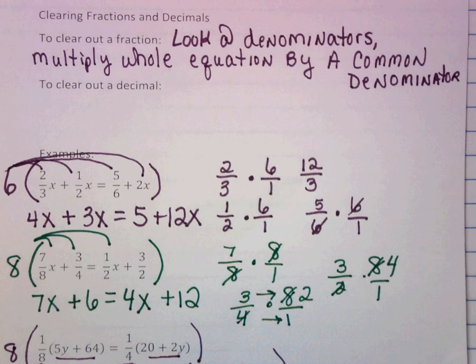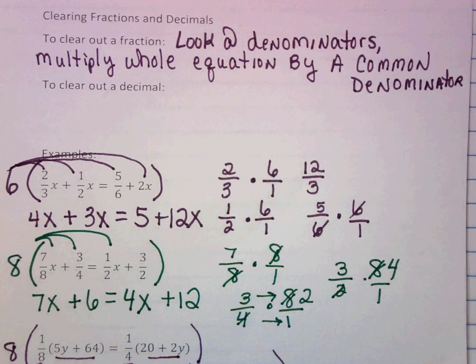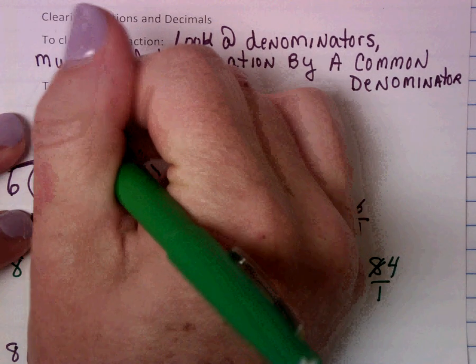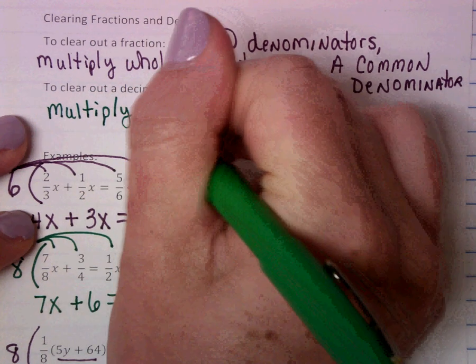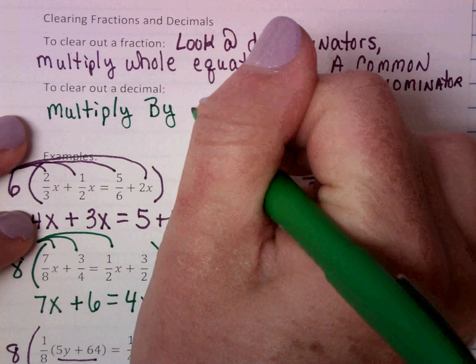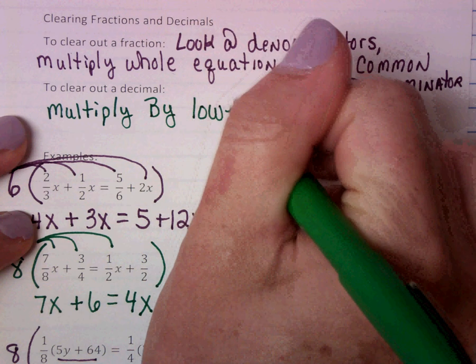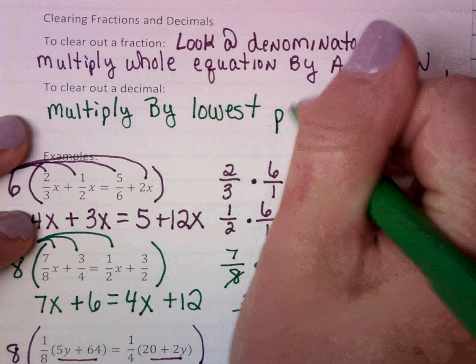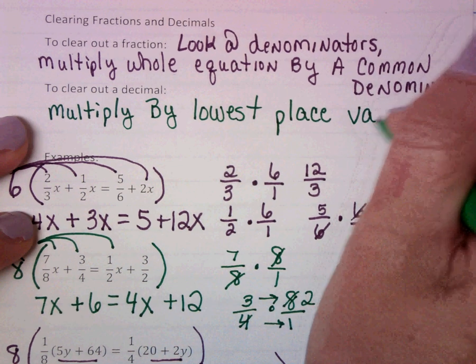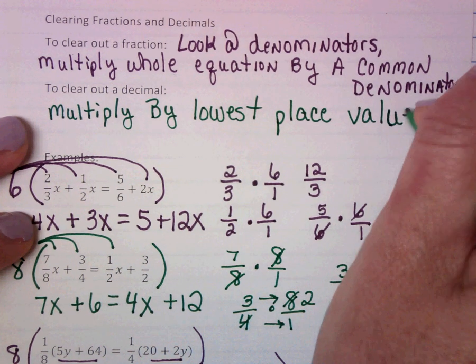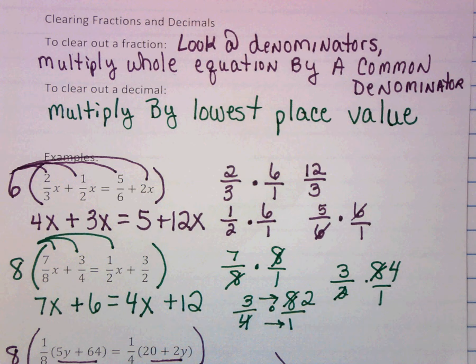To clear out decimals, we want to multiply by the lowest place value, and I'm going to say lowest because hundredths is lower than tenths. Okay, so let's look at the example.